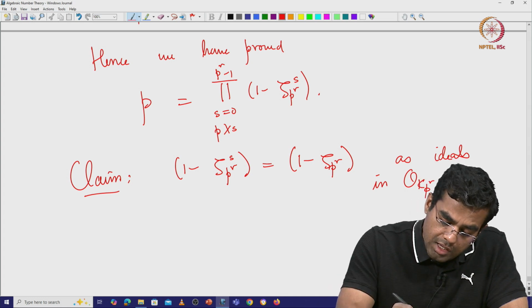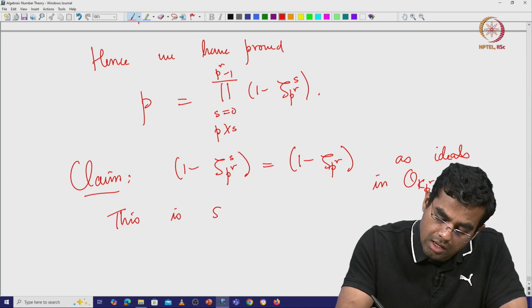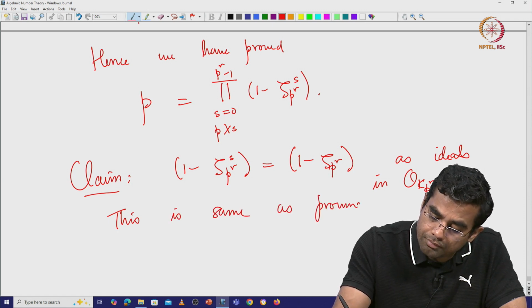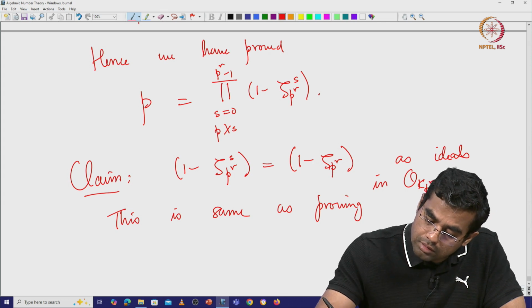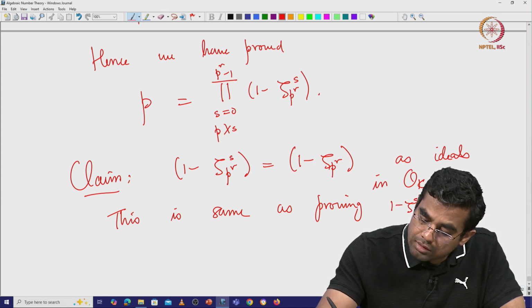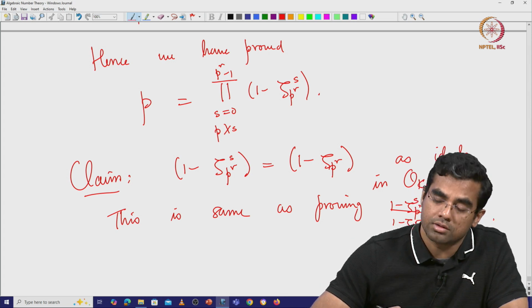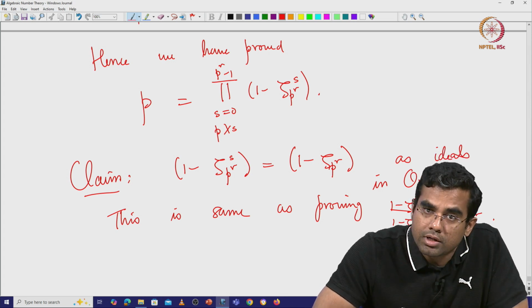This is the same as proving that the ratio (1 minus zeta_{p^r})^s divided by (1 minus zeta_{p^r}) is in the group of units of this ring of integers.